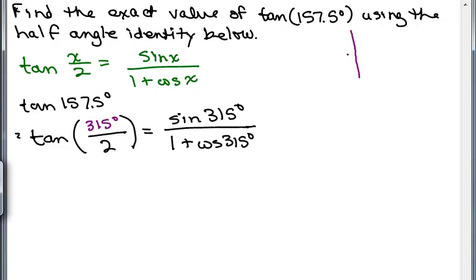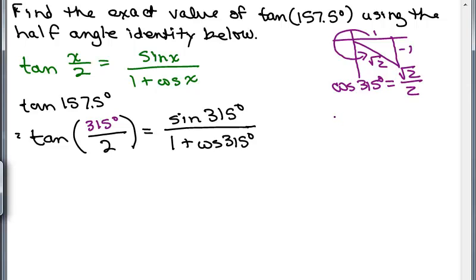You can figure that out any way you want. I think about where that angle is over here in quadrant 4 and draw a little triangle to get my values. And I've got that the cosine of 315 would be 1 over square root of 2 or square root of 2 over 2. And that the sine's negative in quadrant 4, that's negative square root of 2 over 2.